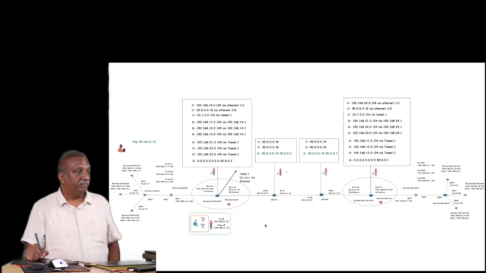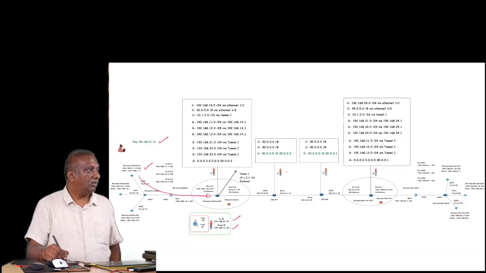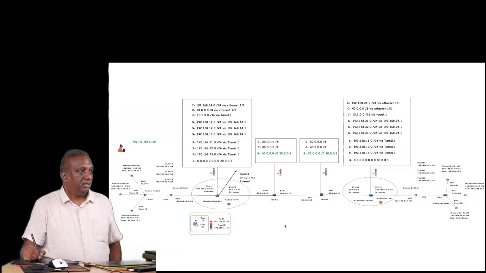What happens now? A packet will be created where the source address is 192.168.11.10 and the to address will be 192.168.21.10. Source IP, to IP. When the packet comes to the firewall here, what happens on the firewall? The IP protocol sees the to address. What's the to address?